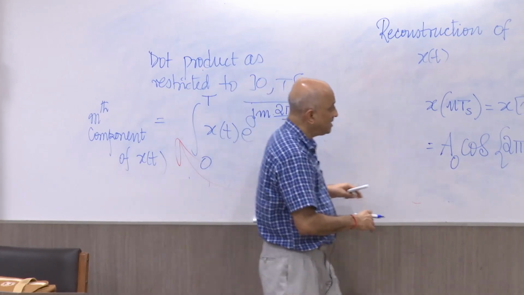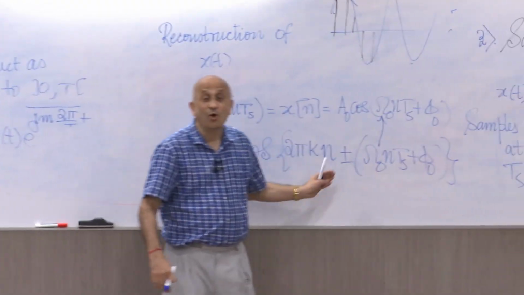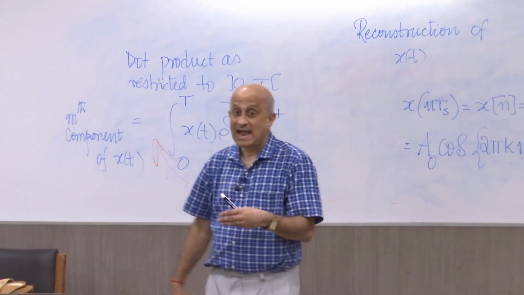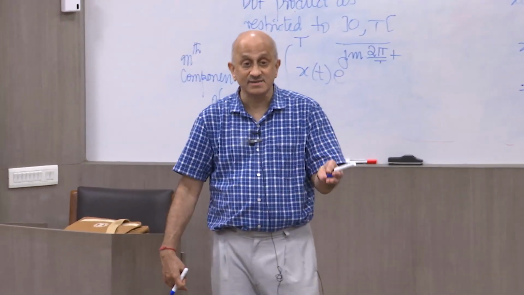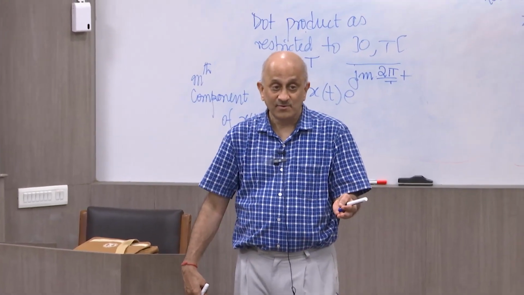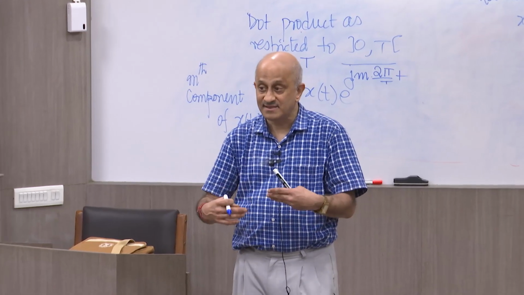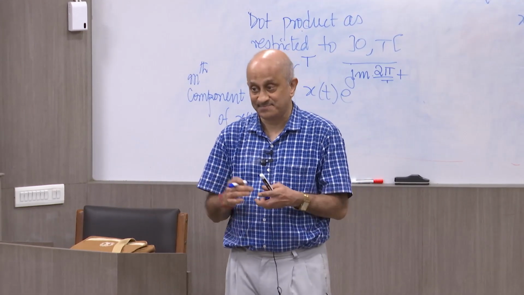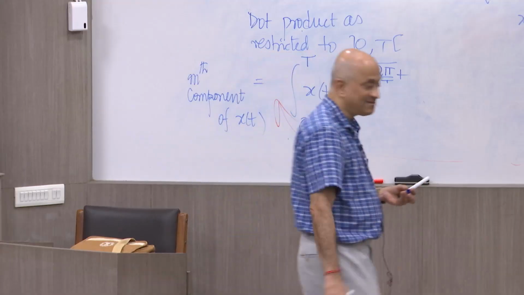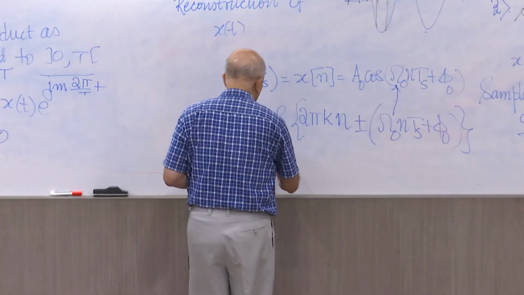So this is definitely true, isn't it? This is true for all n. Adding any integer multiple of 2 pi, and replacing the plus minus, retains it to be what it is. You agree with me? So this is the ambiguity in the cosine.